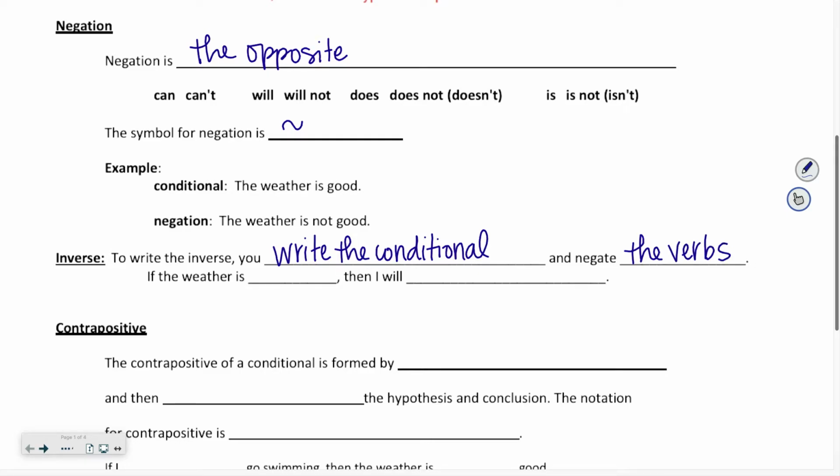You write the conditional, so same order as the original, and you negate the verbs. So, if the weather is not good, then I will stay inside. Not swim. Not go swimming.